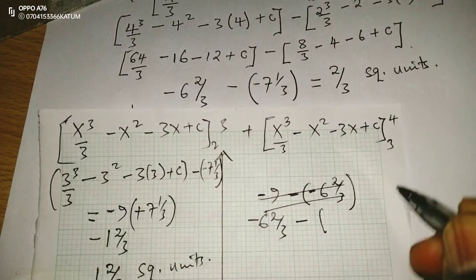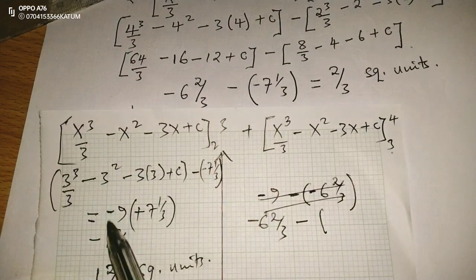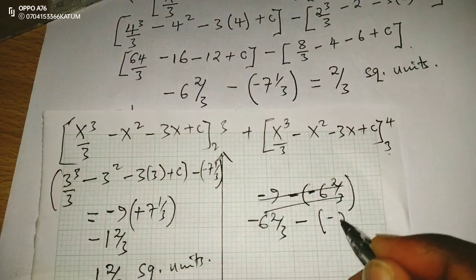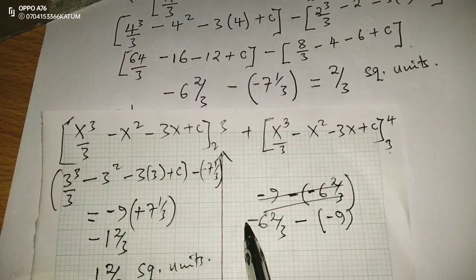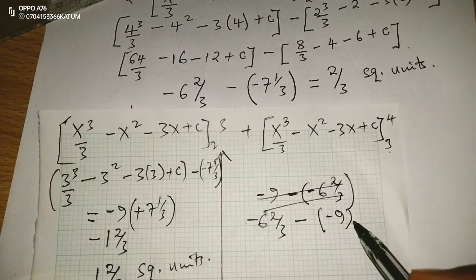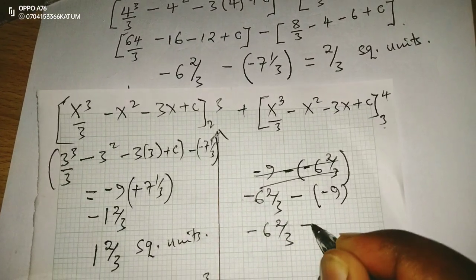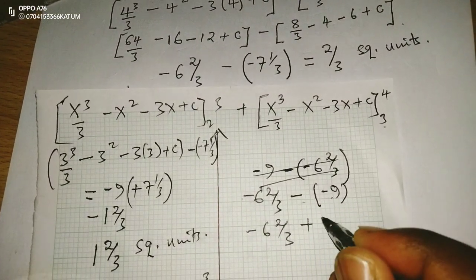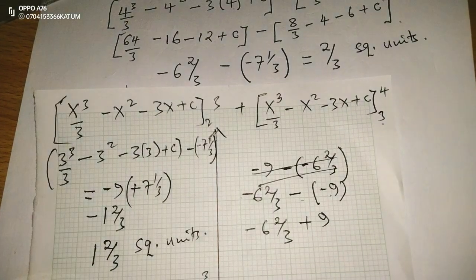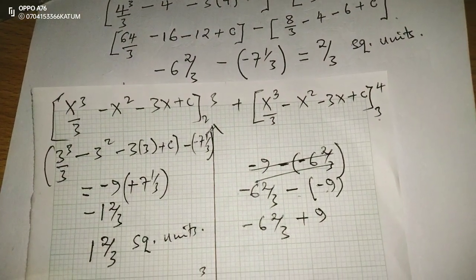Then we subtract the value when we substitute 3, which is -9. So we have -6 and 2/3 minus -9. Because of the two negatives, we shall add 9. So this shall be 9 minus 6 and 2/3. This becomes 27 minus 20, over 3.